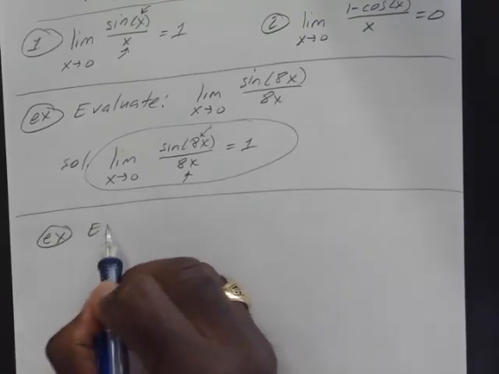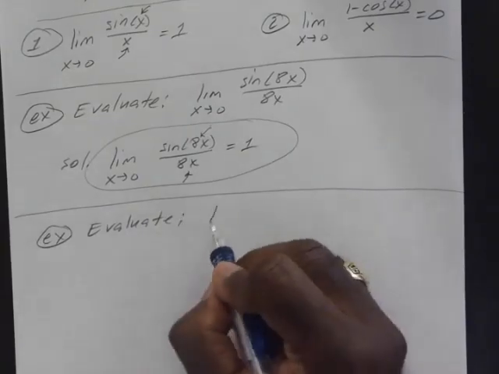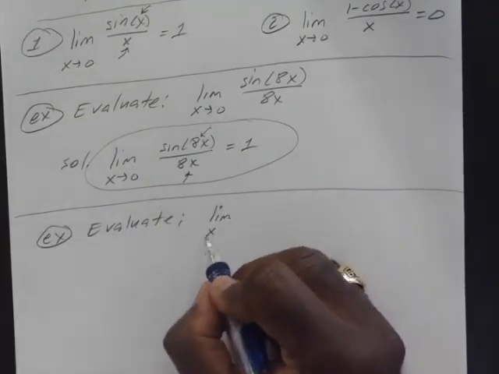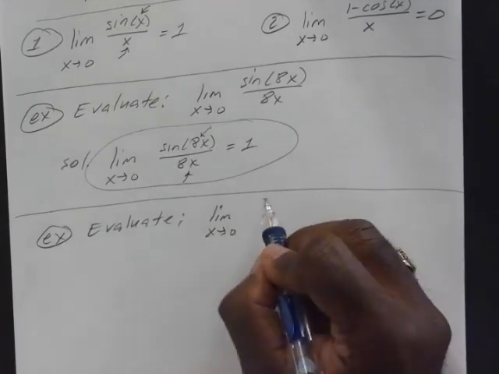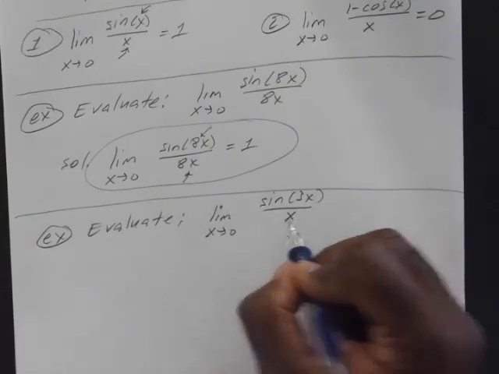So what if we wanted to evaluate the limit as x approaches 0, sine of 3x divided by x?